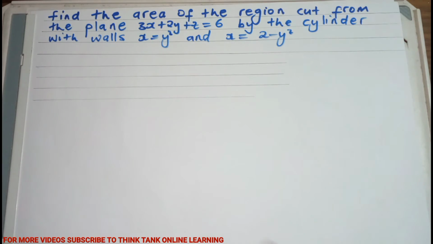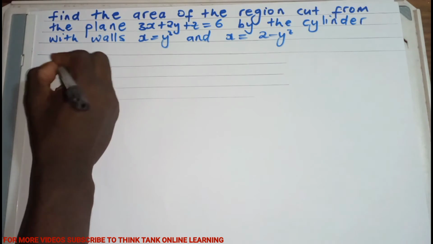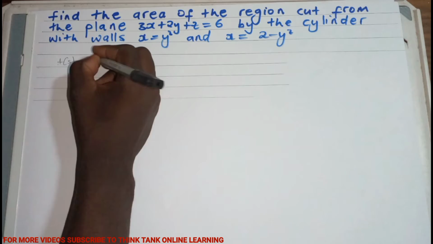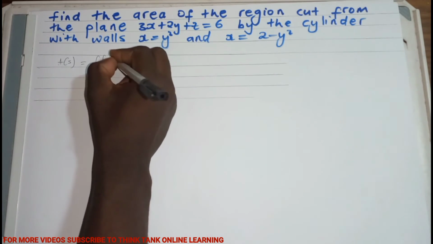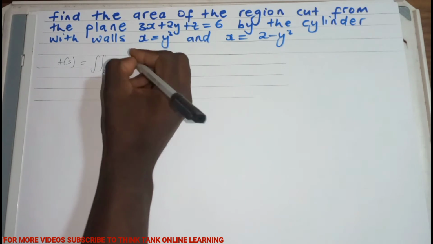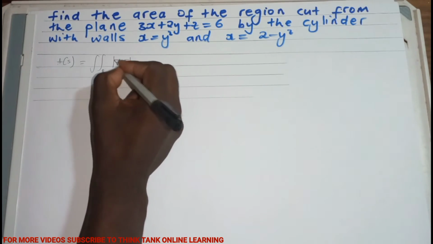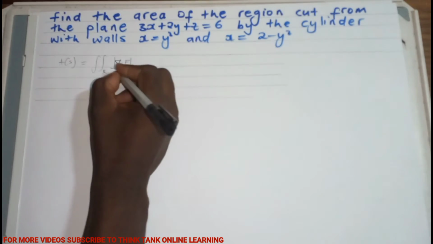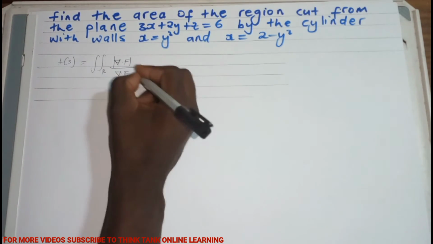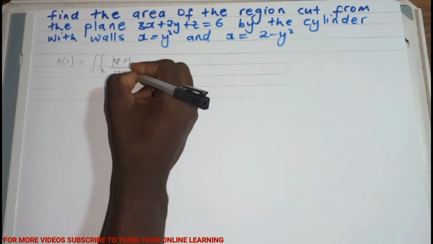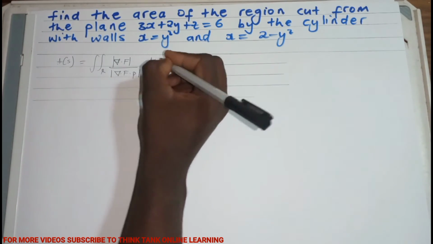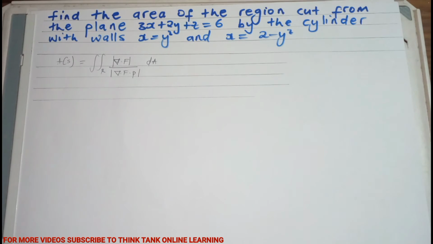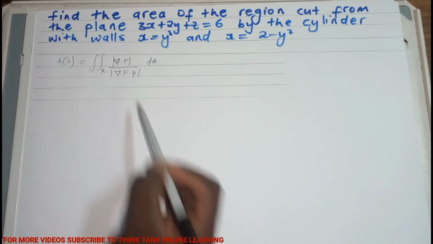The formula for finding the area of the surface is the double integral over the region of the magnitude of the gradient of the function over the gradient of the function times p, dA. In other ways, this is equal to dS.